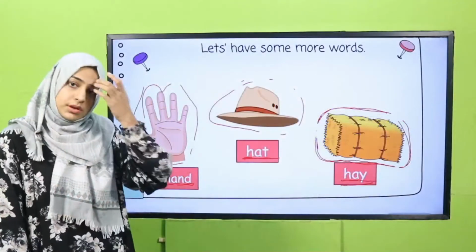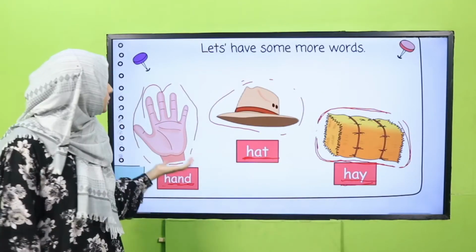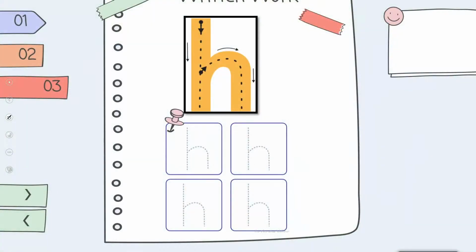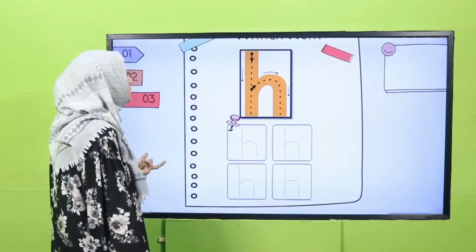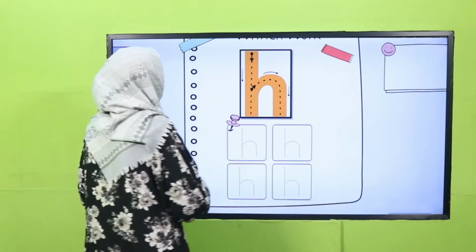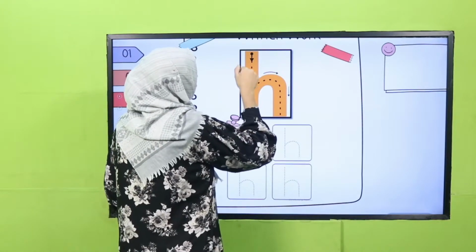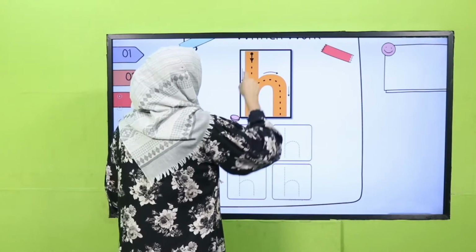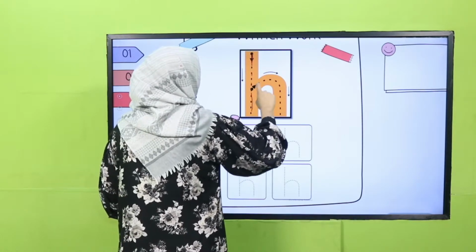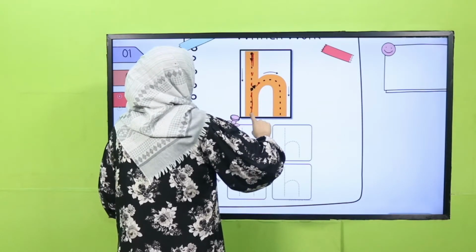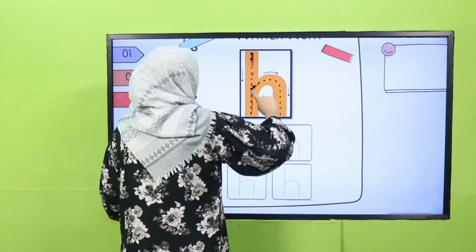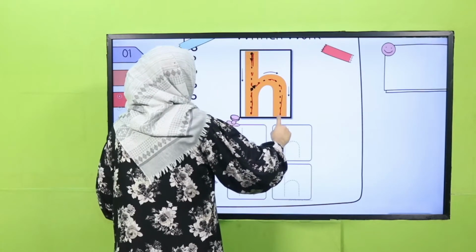After that, we have another set of objects, and I am going to tell you how you need to write down the letter H on the workbook. This time, you are going to use the crayon to trace the letter H. First of all, you need to draw a straight line vertically and then the curve and down.